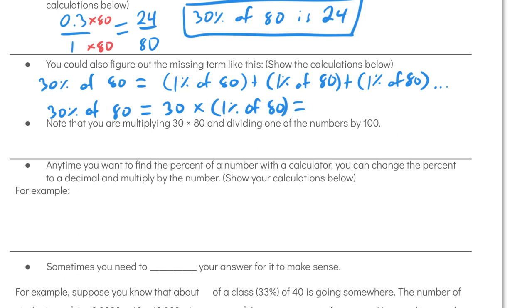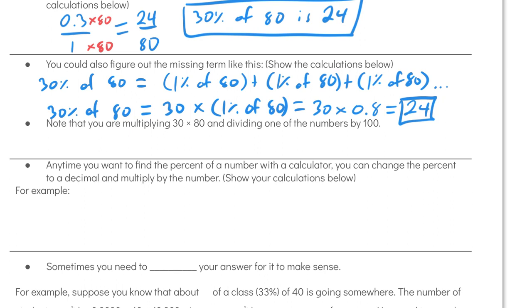I need to divide by 100 essentially. So now I have 30 times 0.8, which will still get me 24, and there is my answer to 30% of 80. Note that anytime we're doing this, we're just multiplying 30 by 80 and dividing one of the numbers by 100.